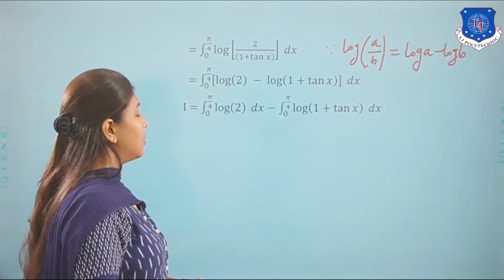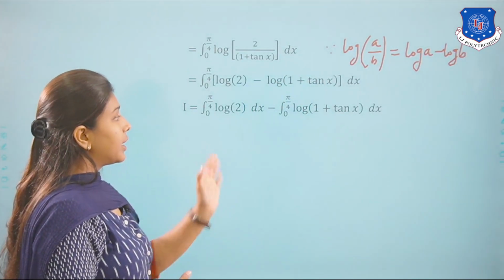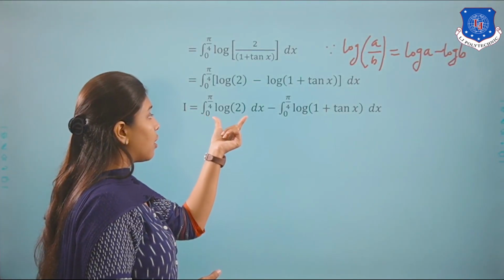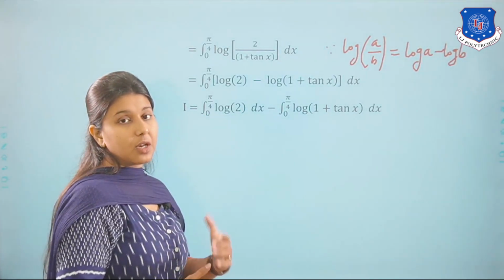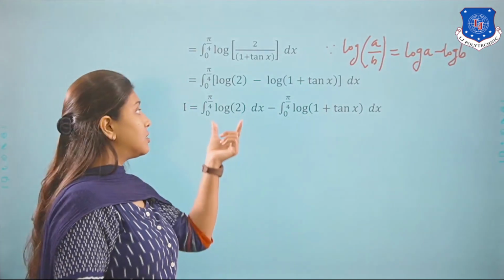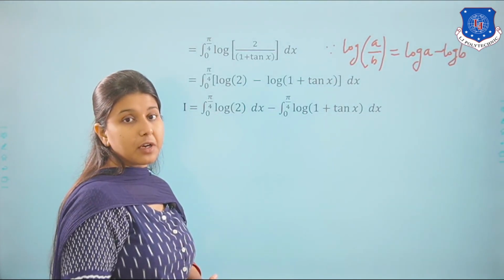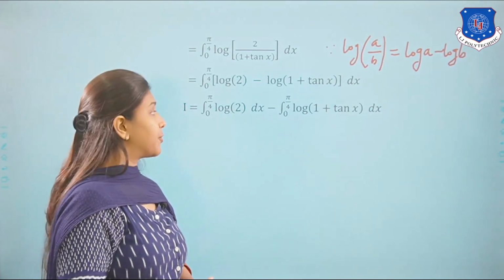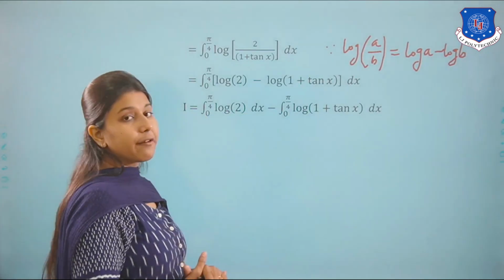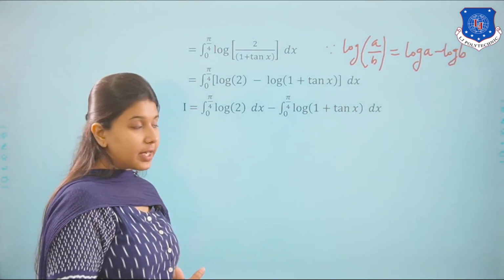Right? Now applying integration both this side, we get integration of log 2. See, log 2 is nothing but a constant term because we don't have variable x here. So log 2 as a constant we are taking outside from the integration.